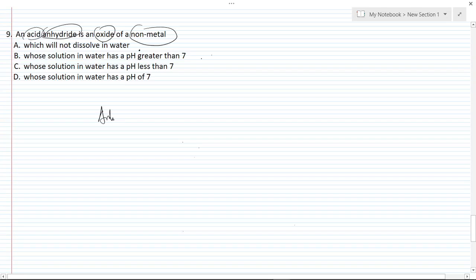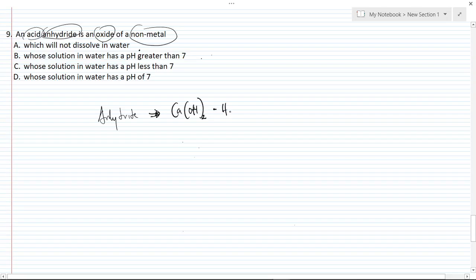So we have anhydride. What anhydride pretty much refers to is anything, let's be specific now, a compound from which water has been removed, is referred to as anhydride. So let's imagine we have calcium hydroxide, Ca(OH)2.